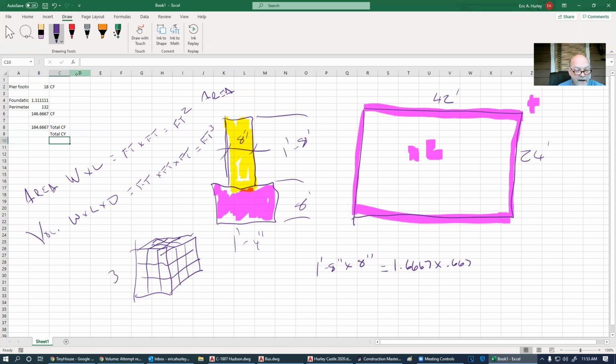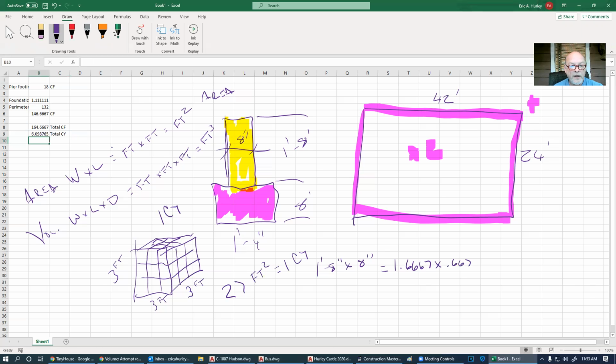So basically I have 3 feet and 3 feet and 3 feet deep, and this is 1 cubic yard. So 3 times 3 times 3 is 27. So there are 27 cubic feet to equal 1 cubic yard. Now what I want to do up here is say equals my total cubic feet divided by 27. And that gives us the total number of cubic yards in that question. So this is a real simple and easy way to do that.